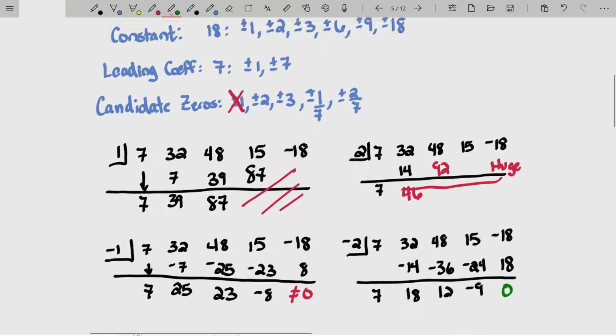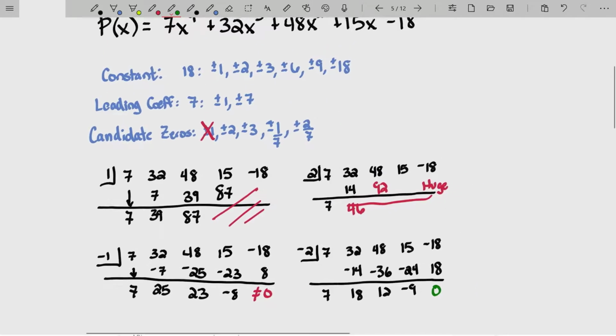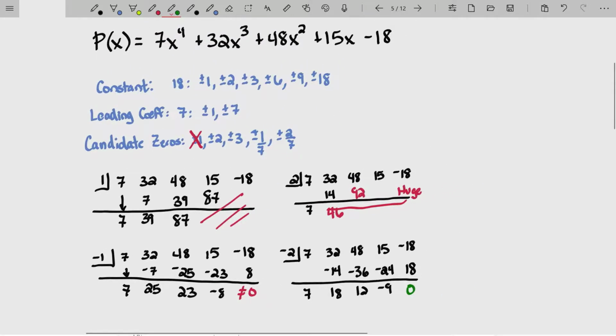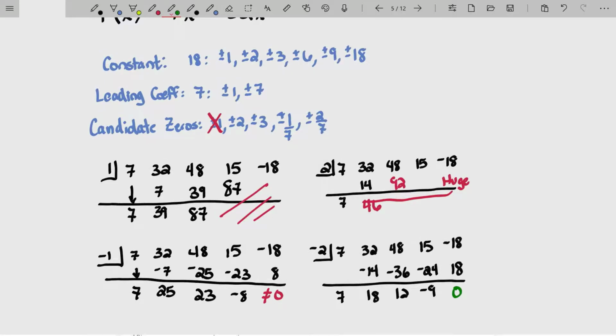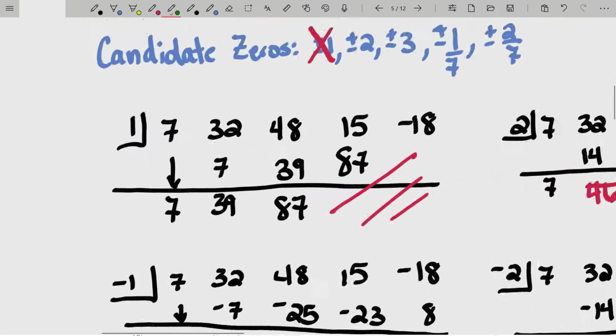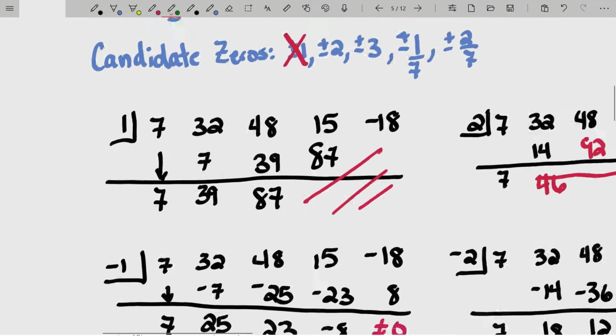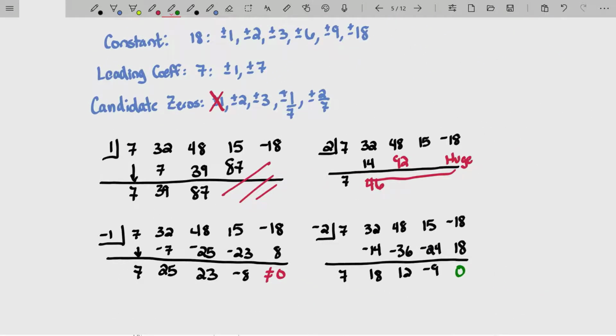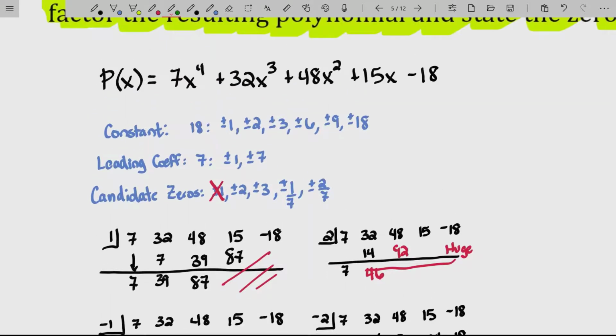And here we go. We have our first winner. So it took a while to get there, right? But I'm using little tricks to help speed up the process. I'm using the fact that if numbers continue to grow huge and huge and huge, there's no point to continue that. In fact, I could have stopped that with this one as well. But now I know x minus a -2 is a factor and x equals -2 is a 0.